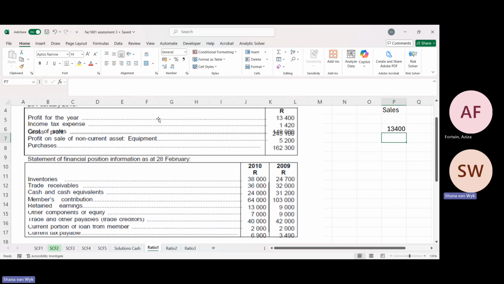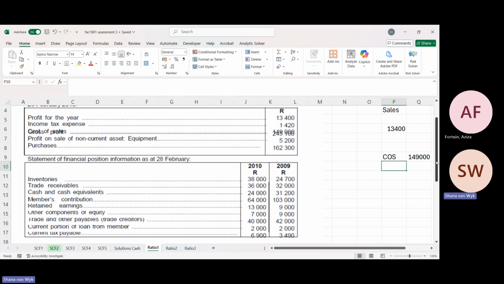And then when we look at sales, profit for the year, we have cost of sales. Now we need to work back. Shoot, I think this cost of sales is maybe 149. I can't really see. Cost of sales 149, 123.